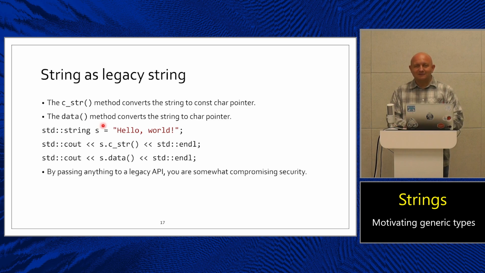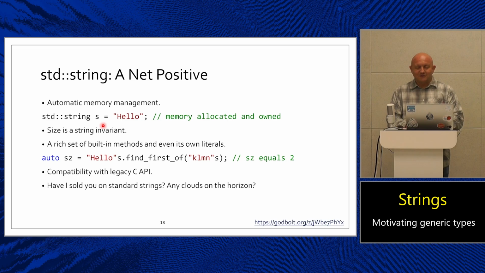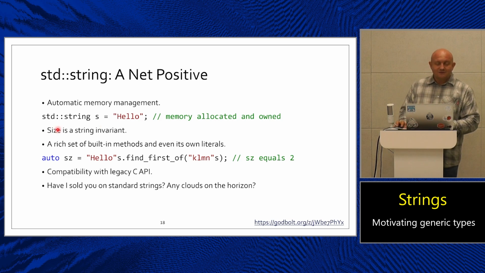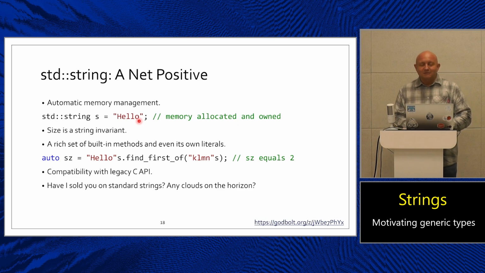Let me summarize. With std::string, everything we see is a net win. First, automatic memory management. We assign std::string s equals "hello". Memory is allocated immediately, and importantly, the string owns that memory. It will be freed when the string goes out of scope.